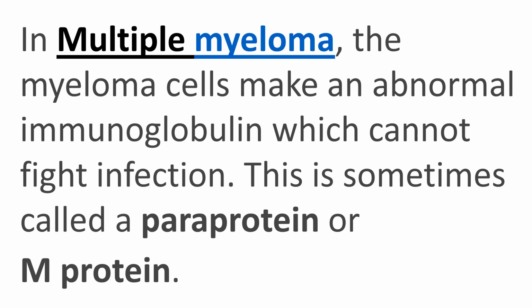Now, the tumor of the plasma cell is called multiple myeloma. So what happens in multiple myeloma, the number of plasma cells is increased. So they start producing immunoglobulins which cannot fight infections. And these types of immunoglobulins are called paraproteins or M proteins.